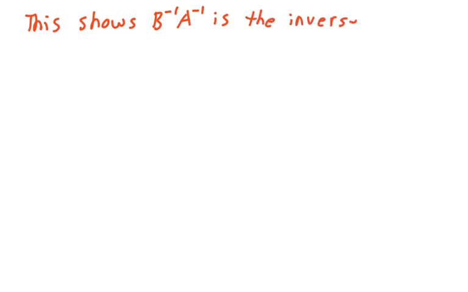Now, what this shows is that B inverse A inverse is the inverse of AB. Therefore, AB is invertible.